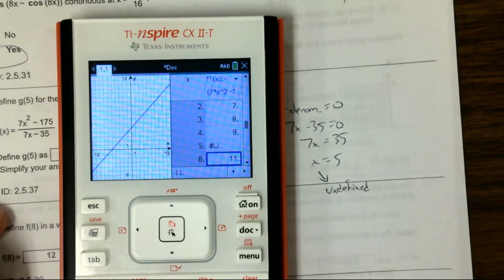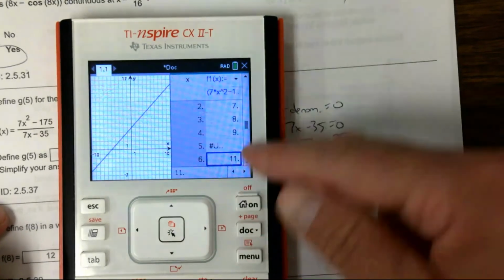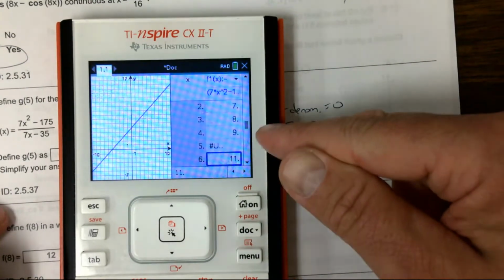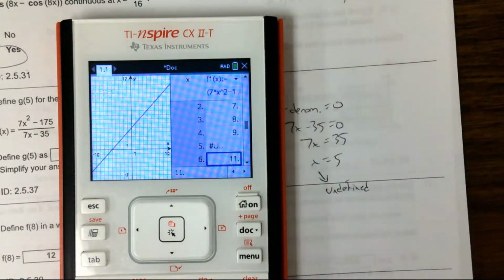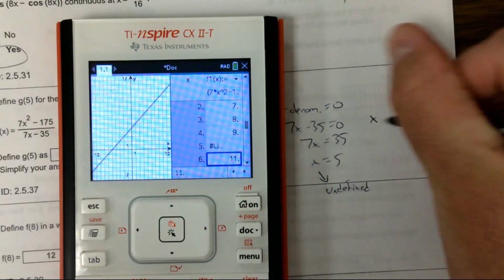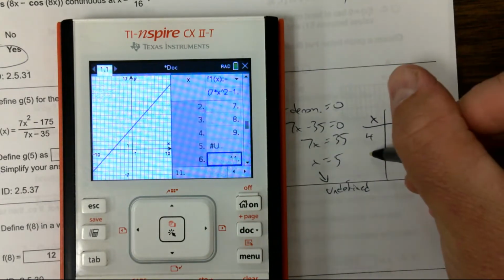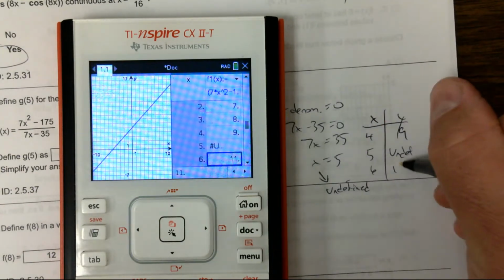So what we're going to have to do is figure out where to plug the hole, kind of like think of water rushing through the hole. Well, what we know is in our table at 4 it's 9, at 5 it's undefined, and at 6 it's 11.